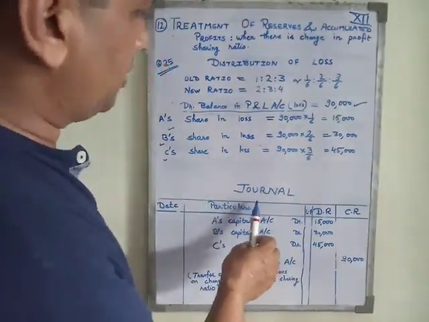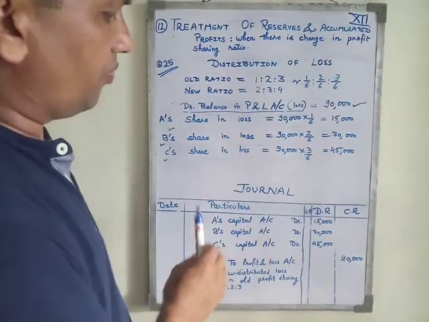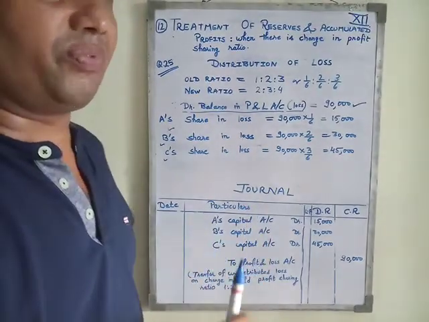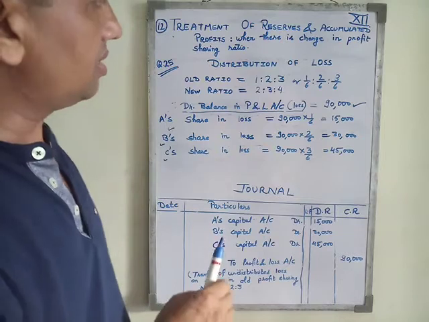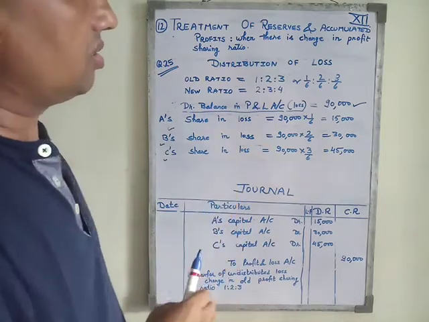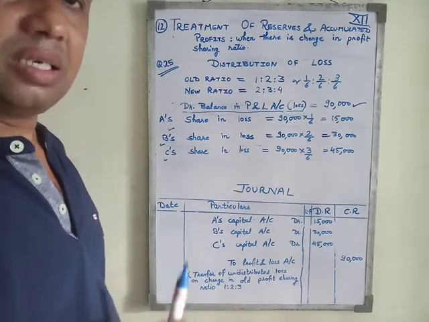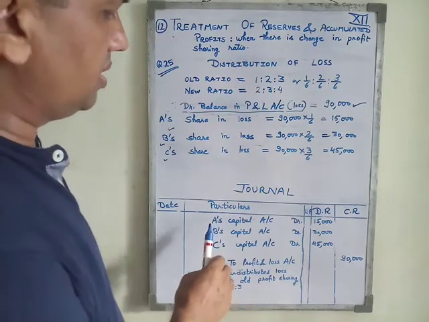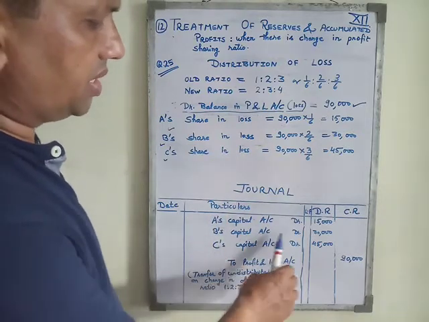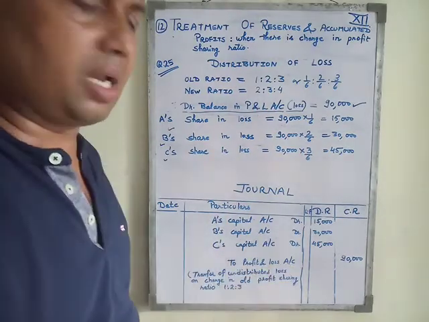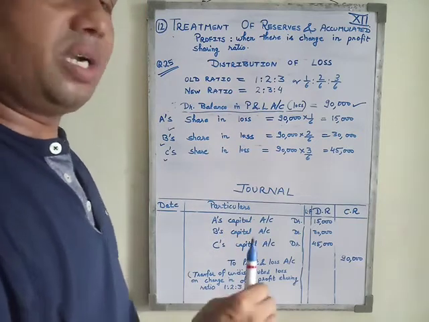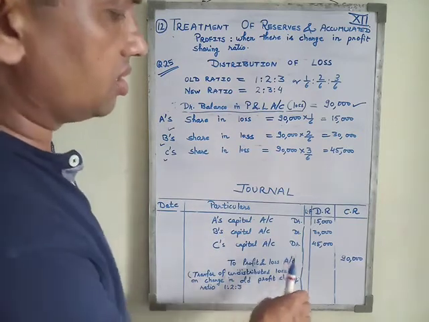The journal entry passed at the time of profit would debit the profit and loss account, but in this case there is a loss, or debit balance, given. So the journal entry is: A's capital account debited, B's capital account debited, C's capital account debited, to profit and loss account. So the loss is distributed.